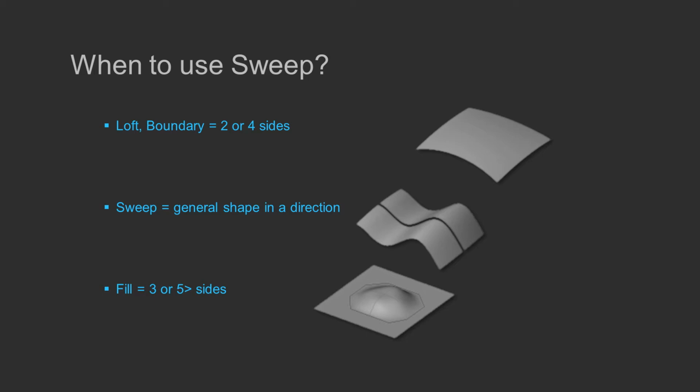And that cross-section can be constant, going along a complex path, or it can be varying, going along a complex path or direction using guide curves to vary its cross-section as it goes along the path.